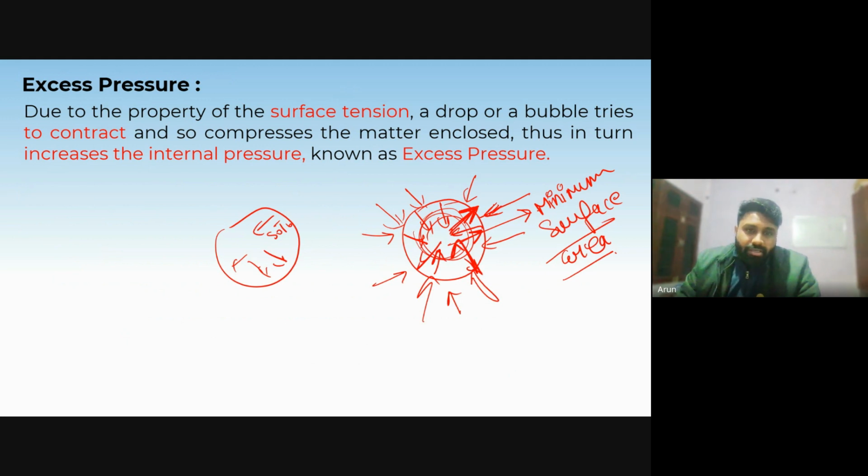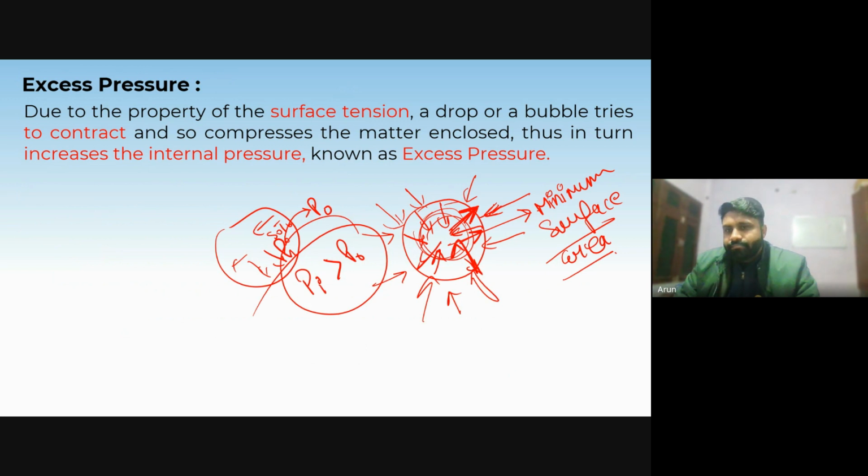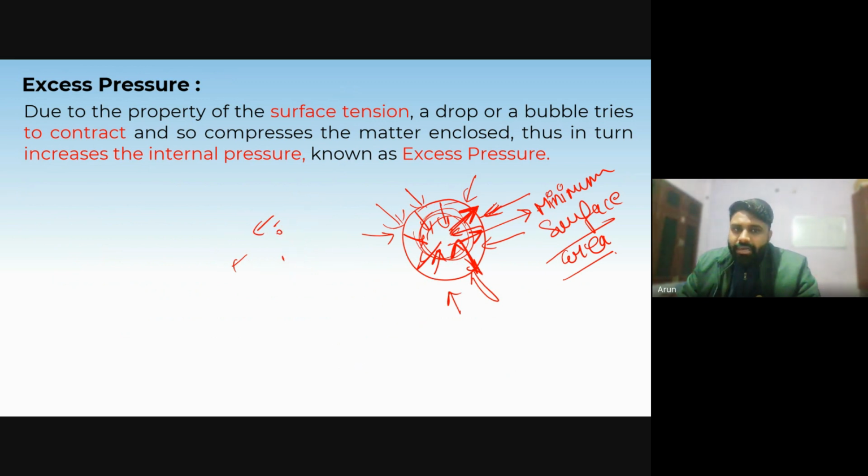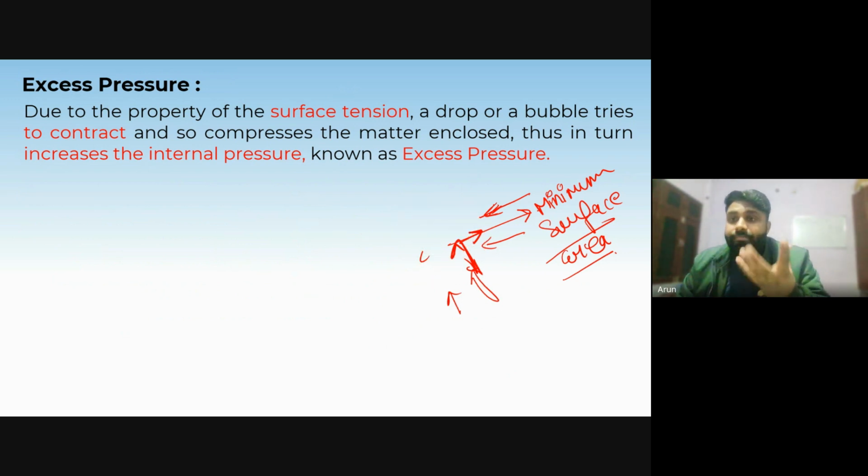Okay. So if the outside pressure is, let's say, PO, and the inside pressure is, let's say, PI, then PI is greater than PO. Got it? And if PI is greater than PO, there must be a difference, and it has a finite, positive value. So this difference of pressure inside the bubble and outside the bubble is termed as the excess pressure, the extra pressure that we have.